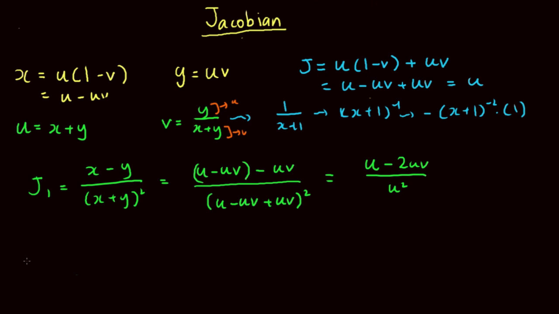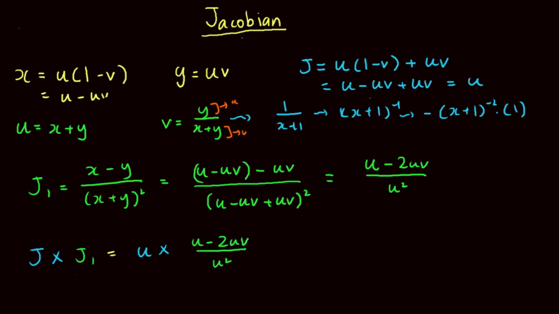So J multiplied with J inverse, I'm going to put the equal sign here, so it will be just u times (u minus 2uv) over u squared.